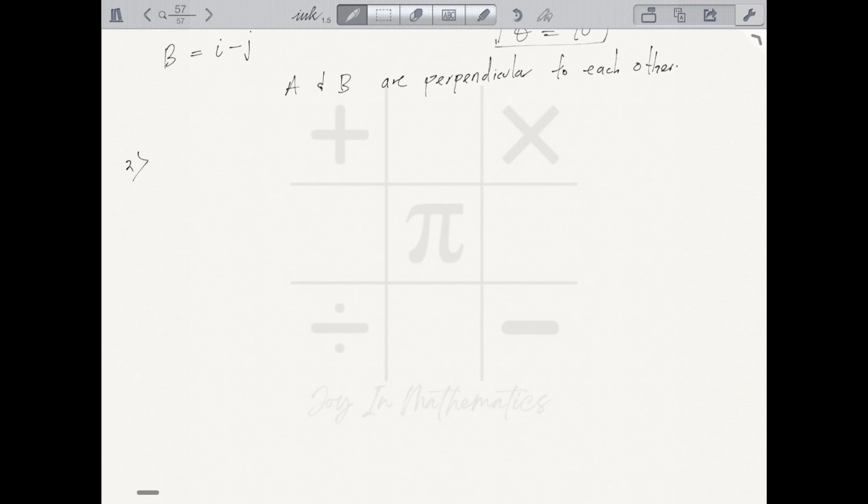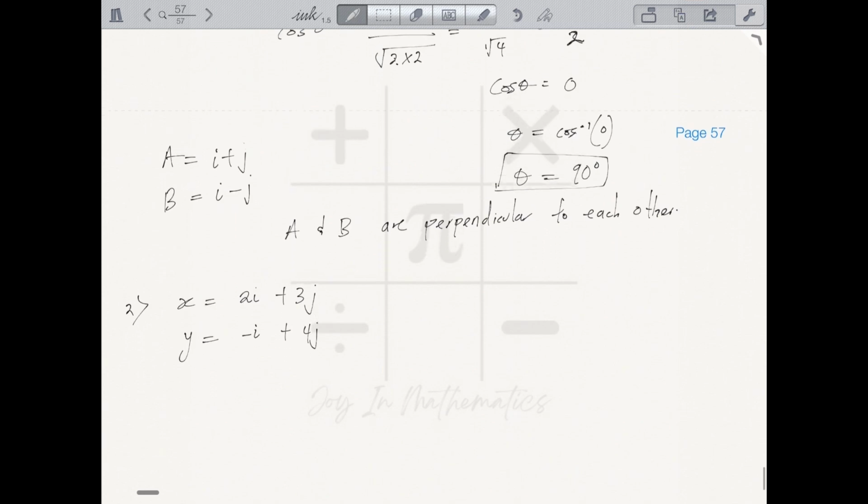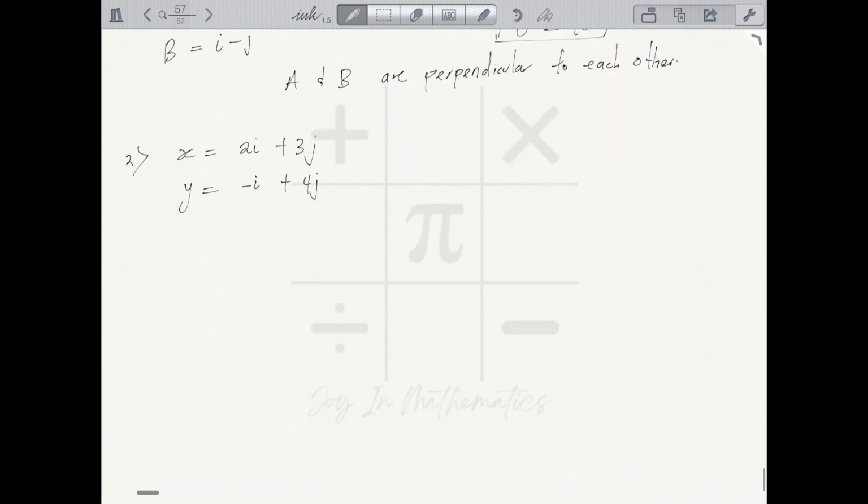We are given, this time let's use X, is equal to 2I plus 3J, and Y is equal to minus I plus 4J. We're asked to evaluate the angle between the two vectors. Let's still use the scalar product. So x dot y is equal to the modulus of x modulus of y cos theta.